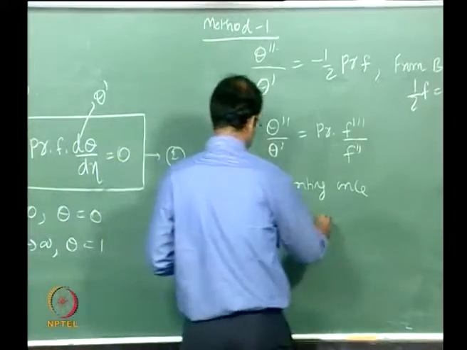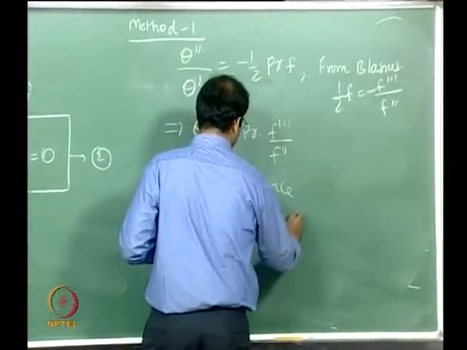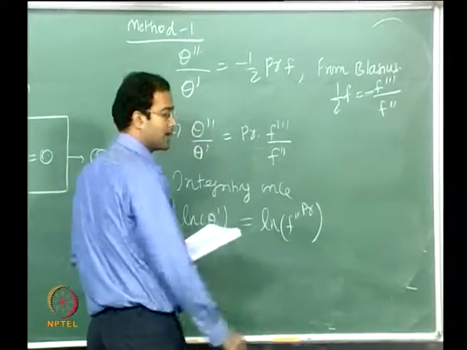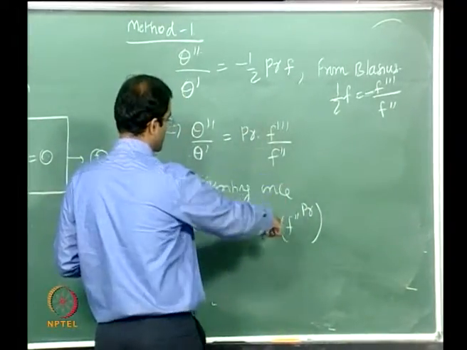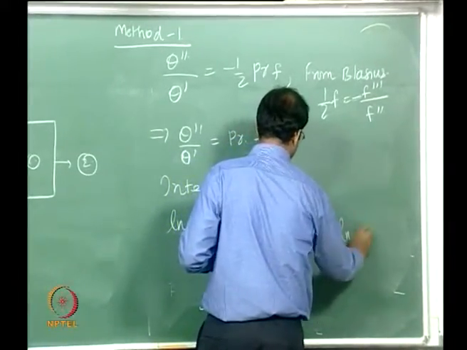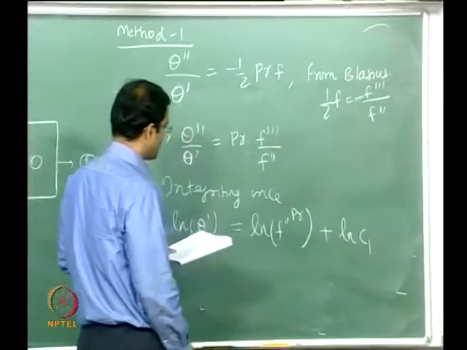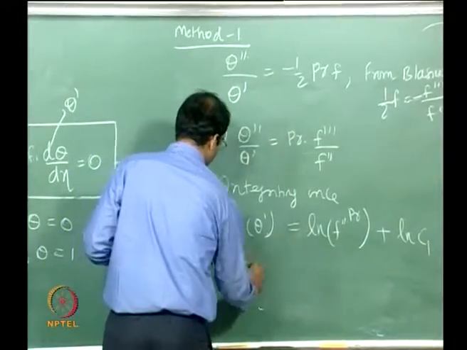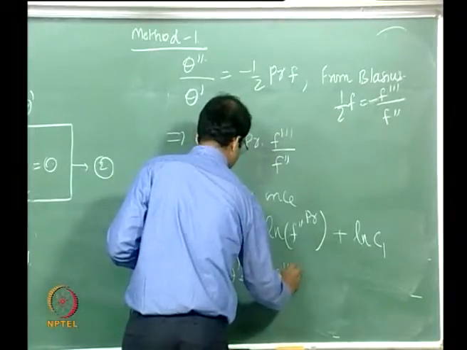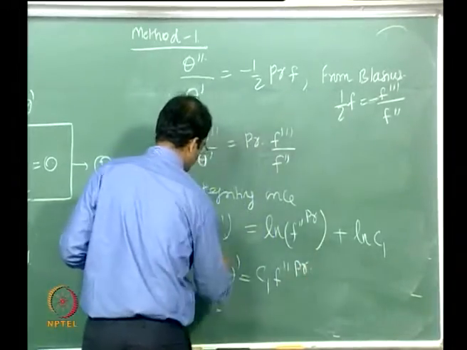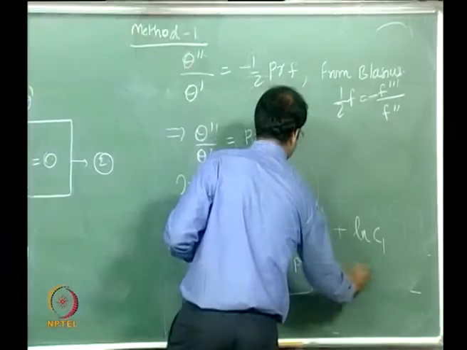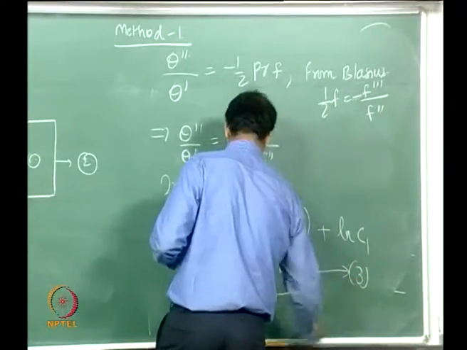That should be equal to ln of f double prime to the power Pr, plus some constant which I will use ln of c1. Therefore my theta prime should be c1 f double prime power Pr. This I will call number 3.